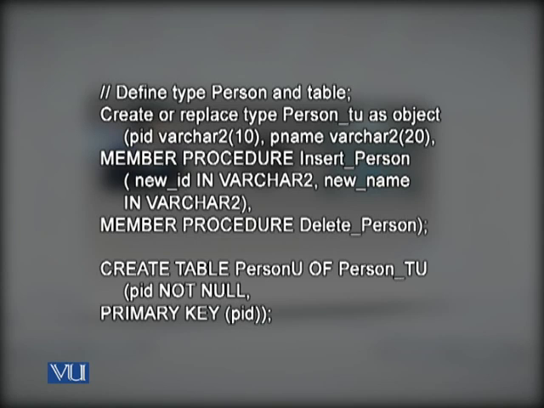Then we say of person underscore TU, and we only define the constraint here that PID is the primary key, and this is how we define this person table. This table is basically representing the class person that we just saw in our class hierarchy.